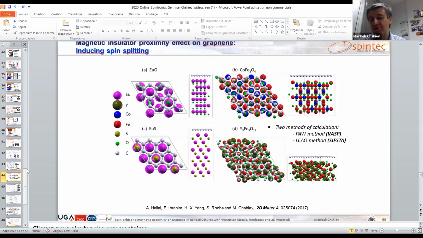We are probing different stackings, and when you relax the structure, you should relax to some stable configuration, and this is how we are doing it. When we started with europium oxide, we tested several different possibilities, but you can immediately see that you have to use the lowest energy one, and we went with that one.